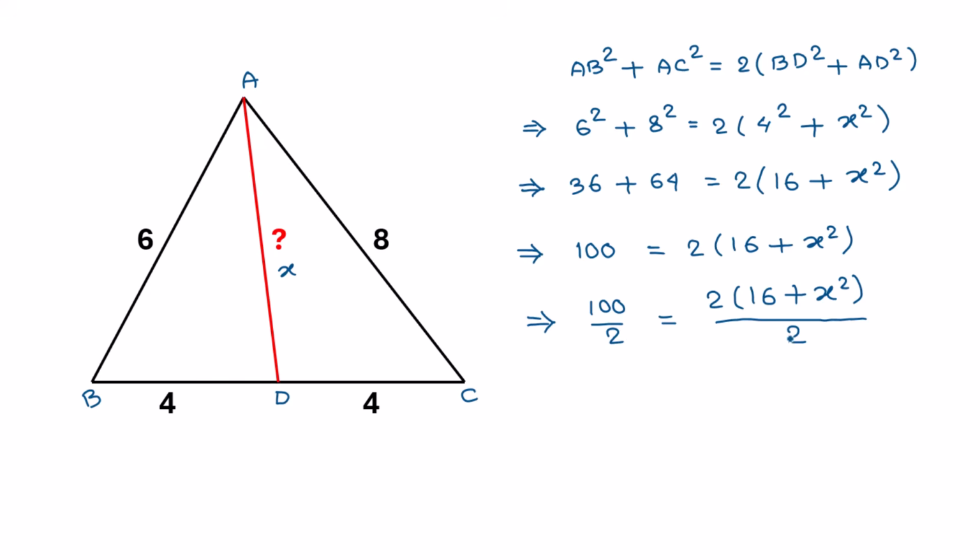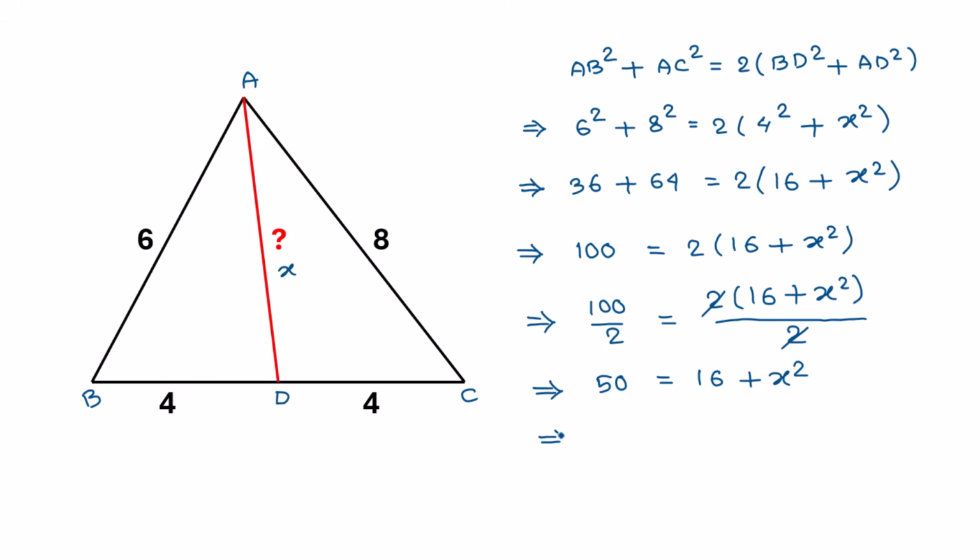We have divided both sides by this 2. Or 100 divided by 2, this is 50, is equal to this 2 and this 2 will cancel out and it will remain 16 plus X square.